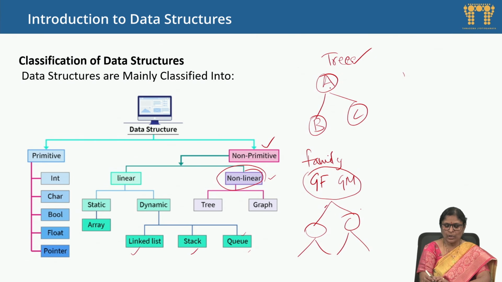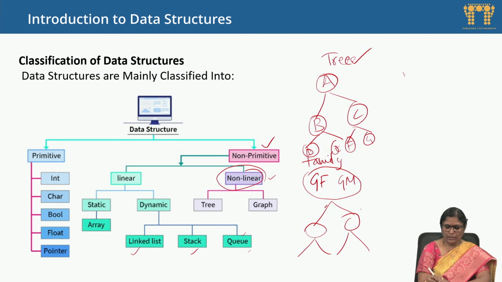So a tree contains the nodes and edges such that it forms a hierarchical structure. And mainly the tree is used for searching operations. Efficiently it can search whether a particular element is present or not in O(log n) time, right?